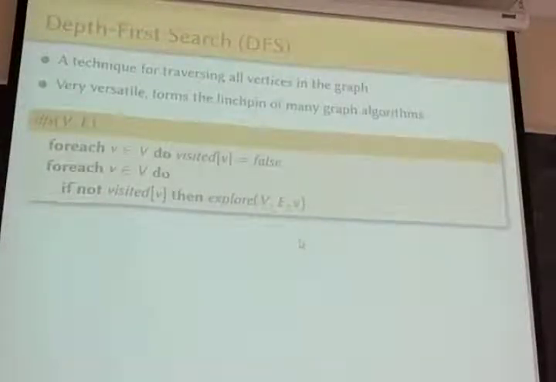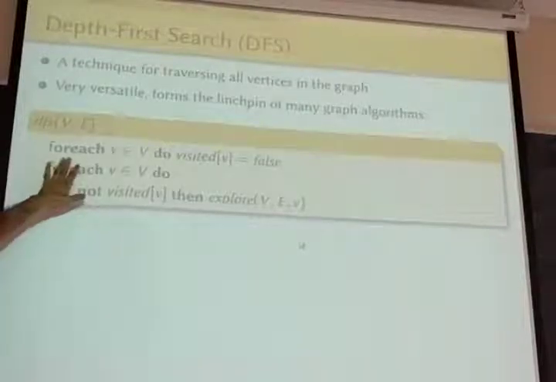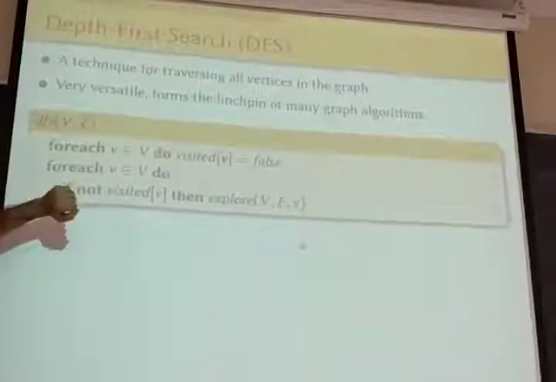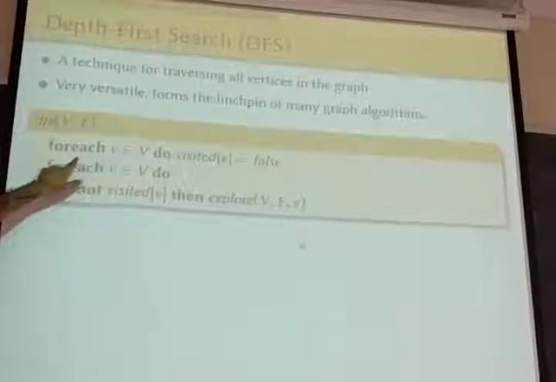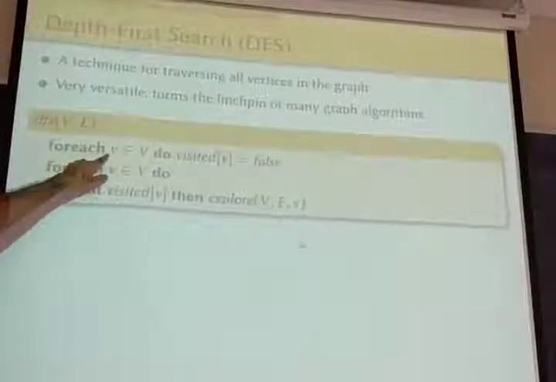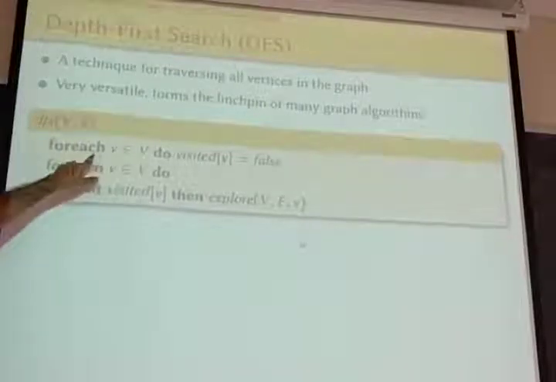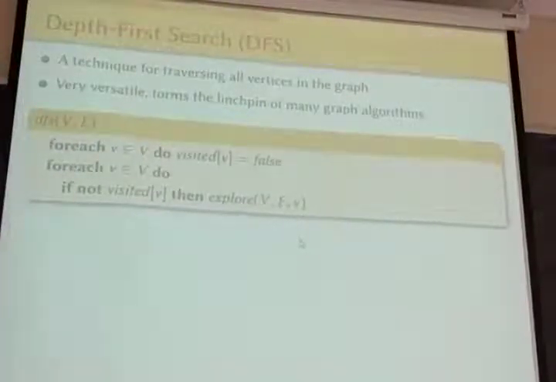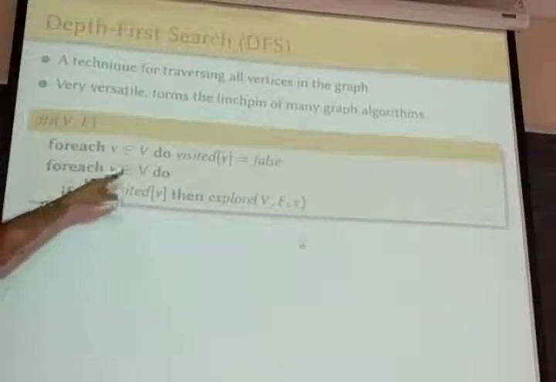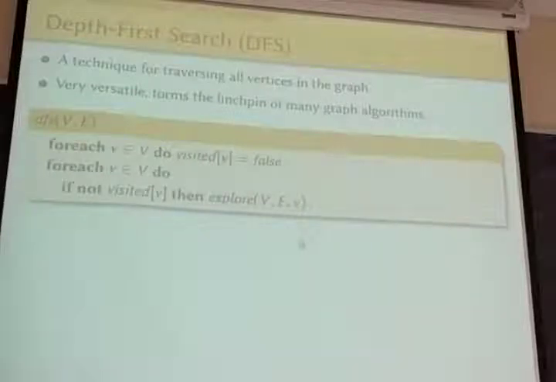So this is the DFS algorithm. It's a recursive algorithm. What it does is, it goes through every vertex in the set of vertices in the graph, and then it initializes them so that you know that you haven't seen them yet.